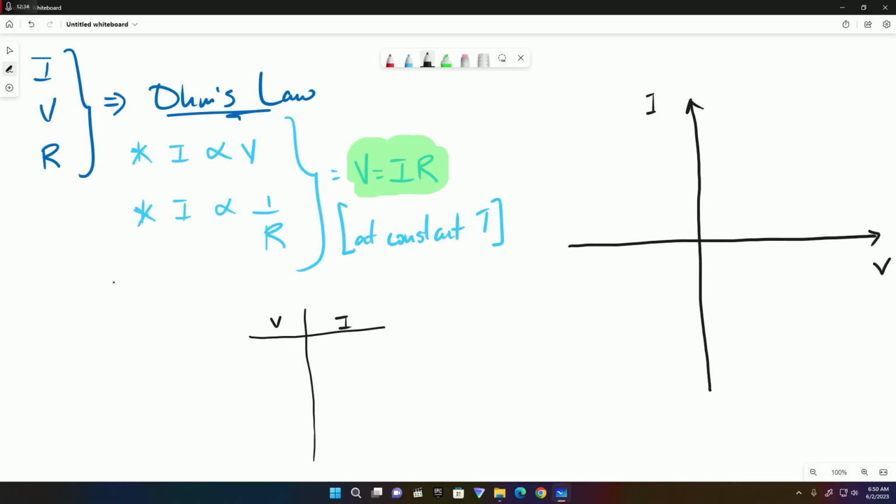If you plot several pairs of these points, you can get a graph. This graph is called an IV characteristic.